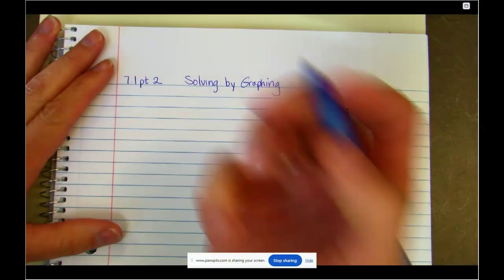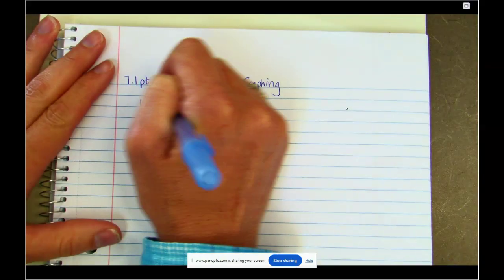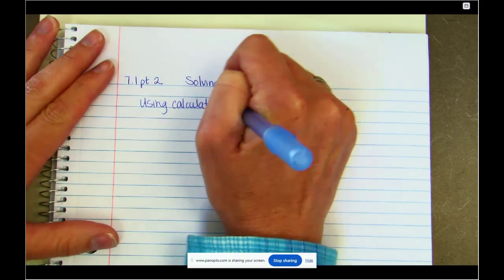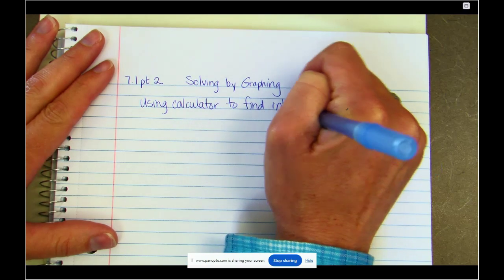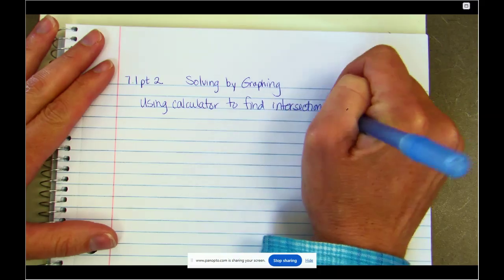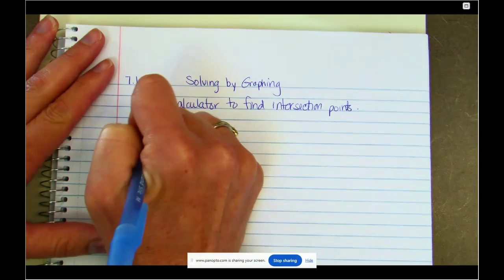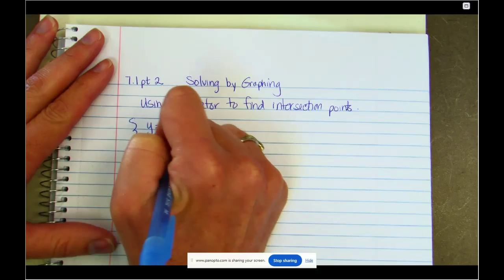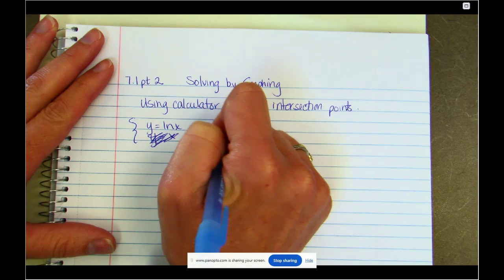So basically, when you're solving by graphing, you're using your calculator to find any intersection points. So here's the first one: natural log x, and x plus y is equal to 1.